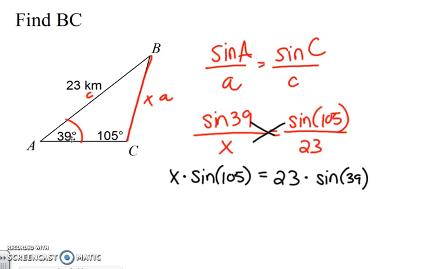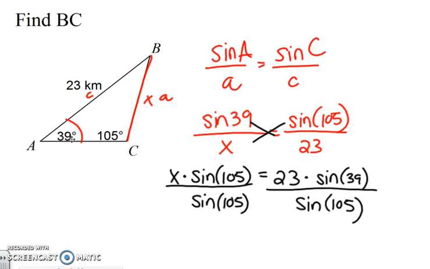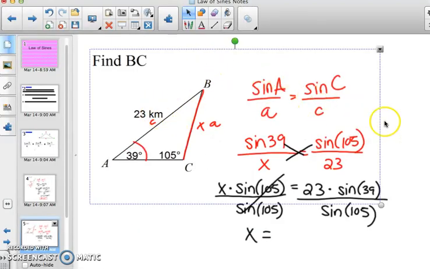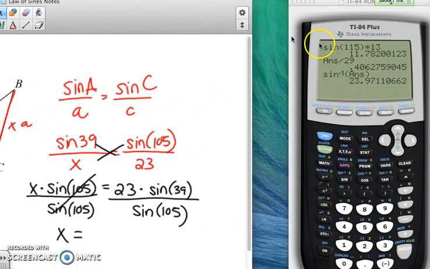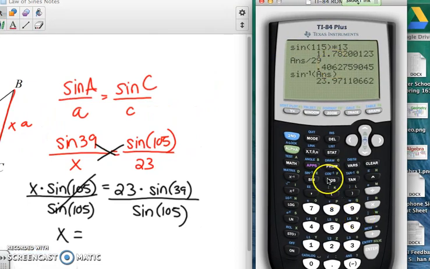Again, order doesn't really matter in that case, but I am going to divide by sine of 105 on both sides. So I would get x equals, and I would get my final answer. So again, fraction button in the calculator is going to come in handy here. So we are going to do 23 times the sine of 39.